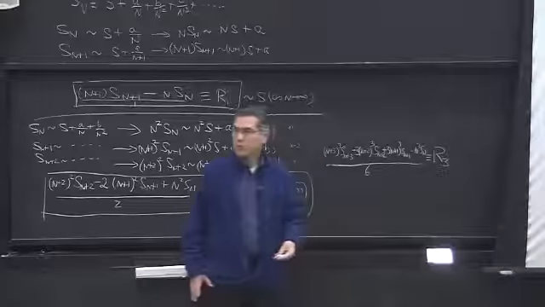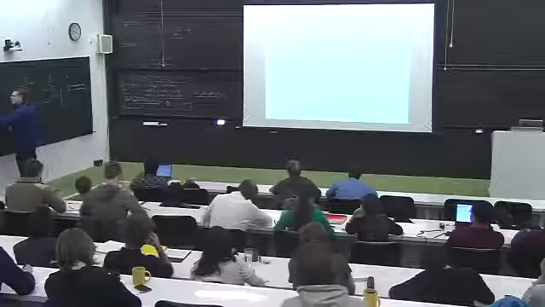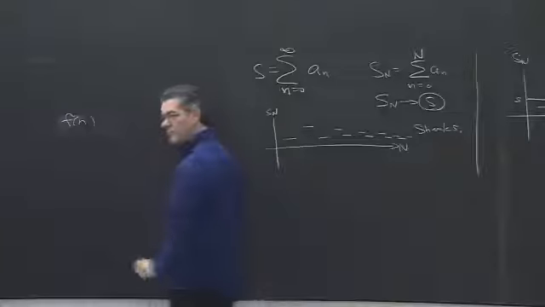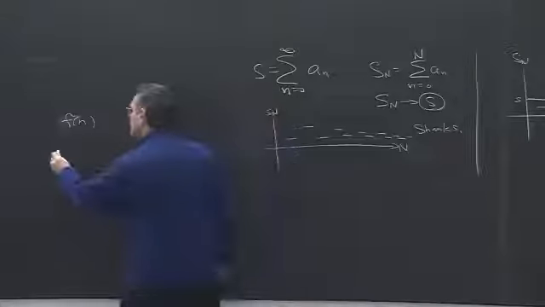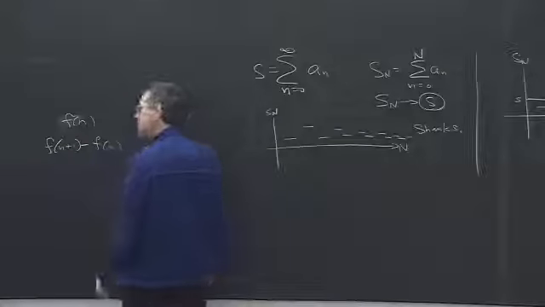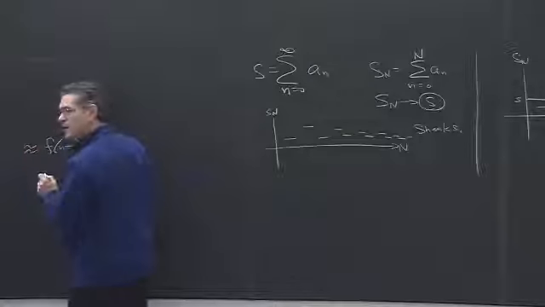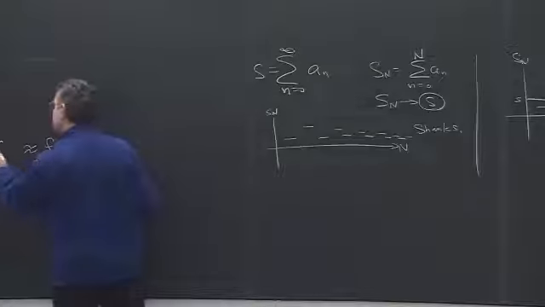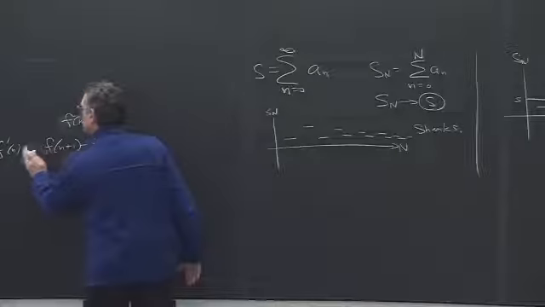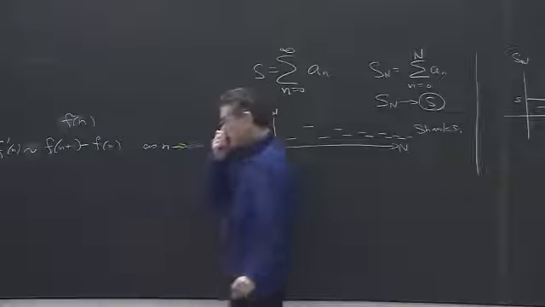Because when you do a calculation, if you have a function of n, let's say f of n, if you calculate f of n plus 1 minus f of n, this is very much like the derivative of f. This is like f prime of n. In fact, this is asymptotic to the derivative as n goes to infinity.